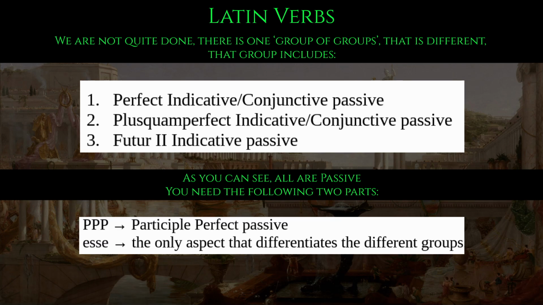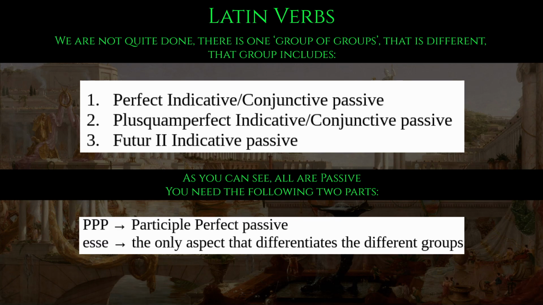You see, esse as a verb means to be, but here it works as a so-called auxiliary. By the way, esse can also be a copular verb, but it has nothing to do with our current topic of verbal conjugation. Anyway, auxiliary means that it helps to build the compound forms of those groups.